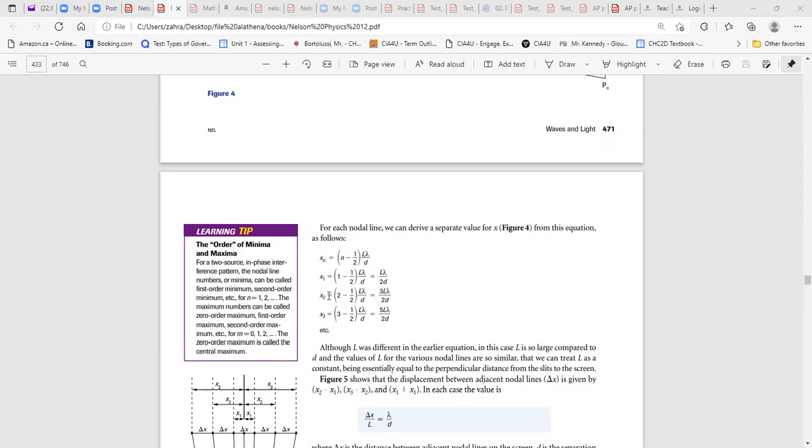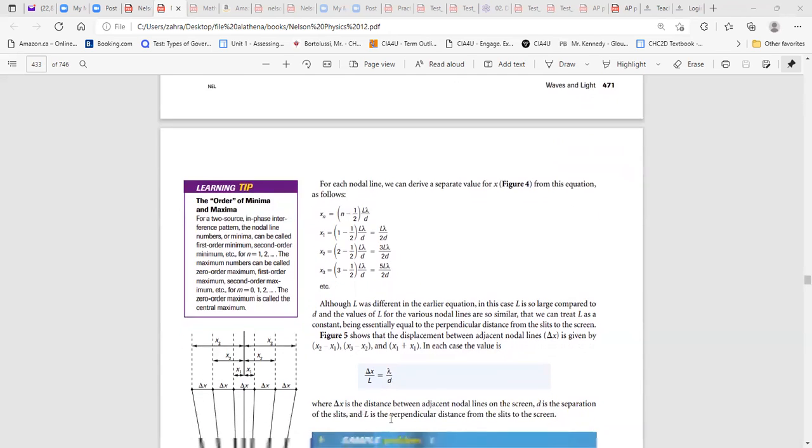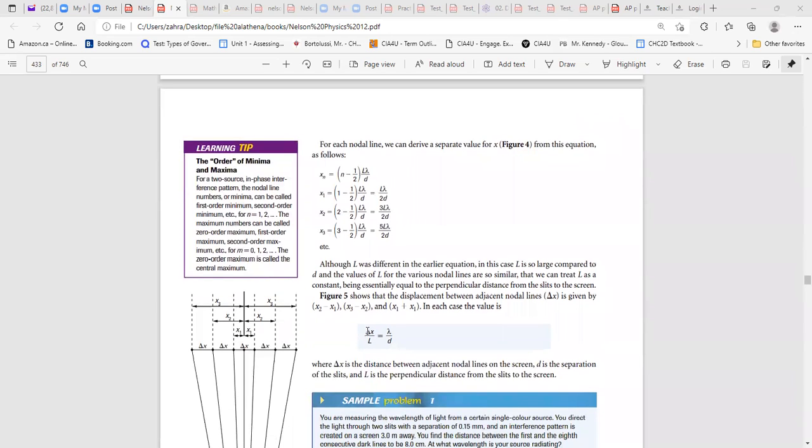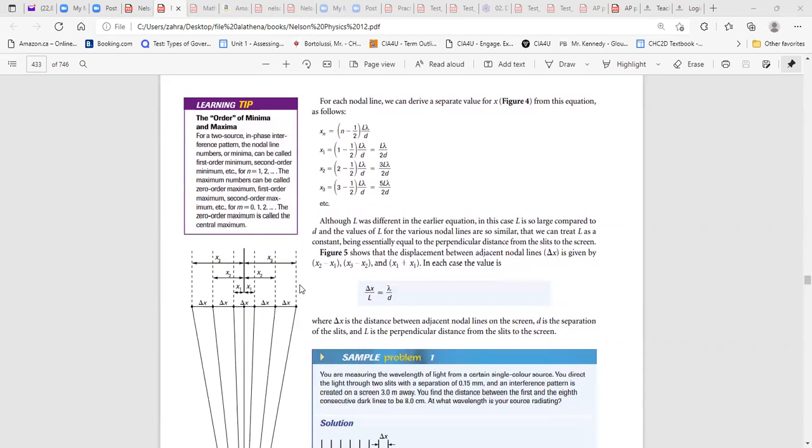Also x3 minus x2 will get lambda over d. Therefore, note that delta x, the distance between two adjacent nodal points, divided by L is equal to lambda over d. See, this is delta x, the distance between two successive nodal points. It's the same everywhere.